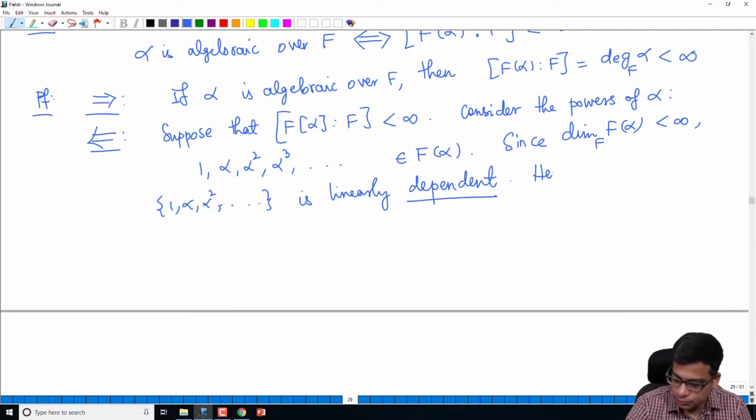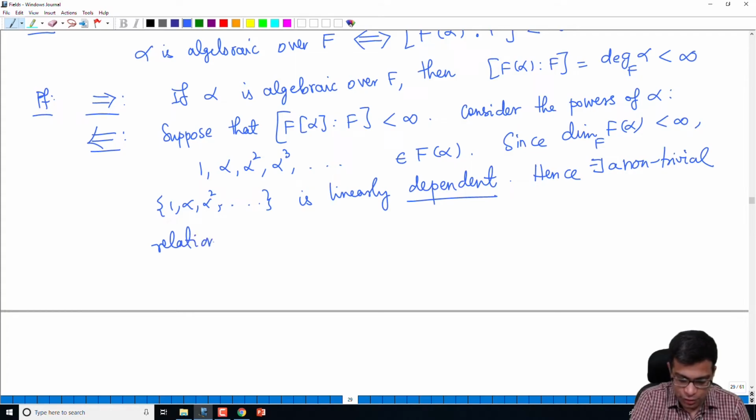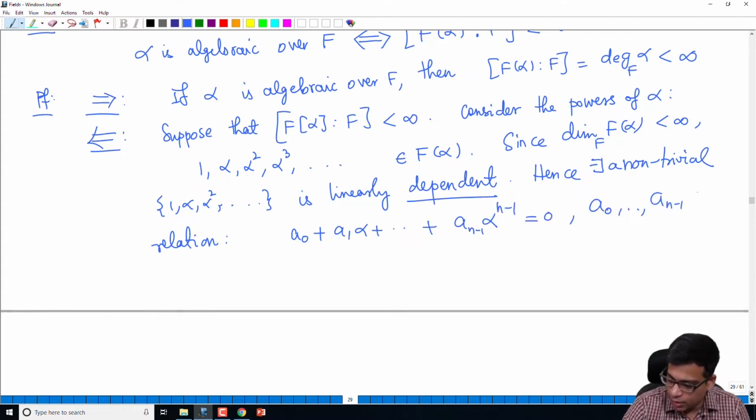Hence, there exists a non-trivial relation. This is what it means for the set to be linearly dependent. So we can write it as a0 + a1 alpha + ... + a_{n-1} alpha^{n-1} = 0 for some a0, ..., a_{n-1} in F, not all 0. That is the whole point, right?